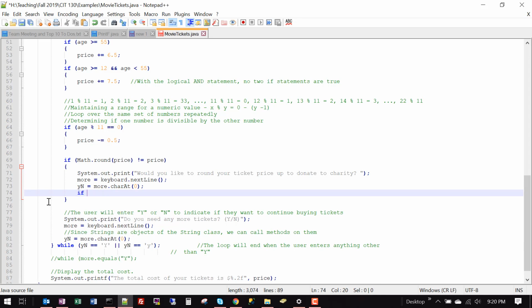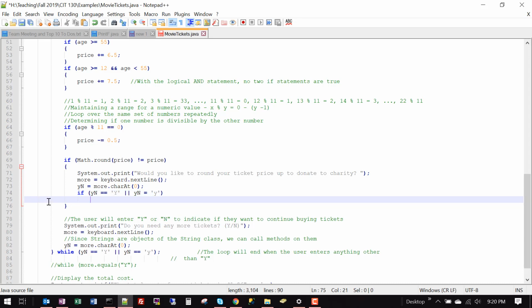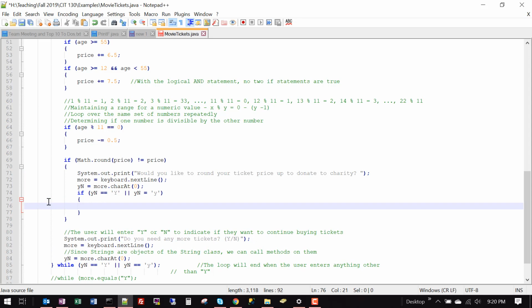And now we can say if yn equals y, or yn equals lowercase y. Another opportunity to see that same thing.